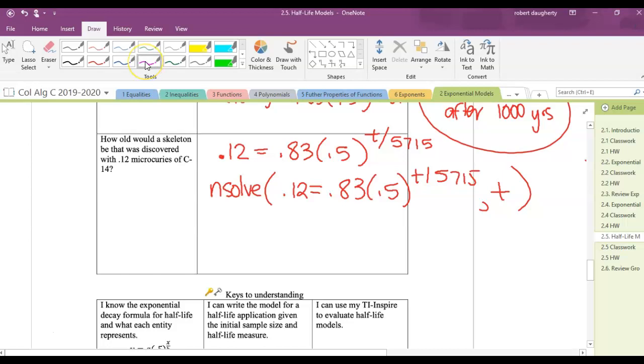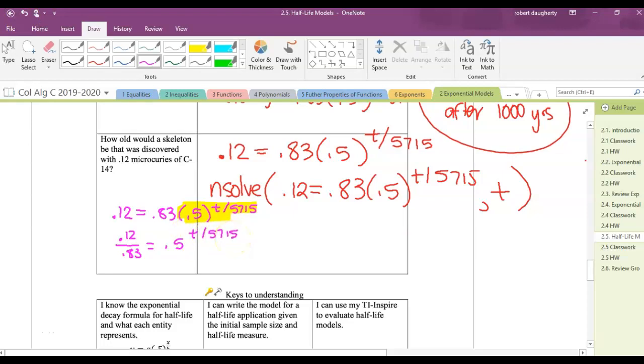So we know that 0.12 is equal to 0.83 times 0.5 to the t divided by 5715. So I need this to be all by itself. So I can write 0.12 divided by 0.83 is equal to 0.5 raised to the t over 5715.